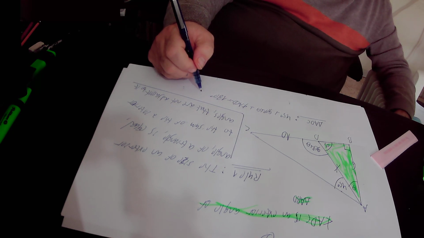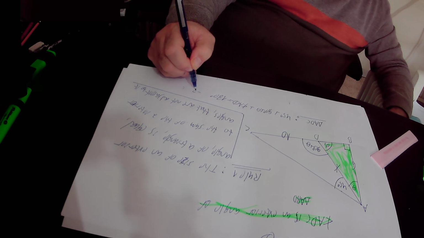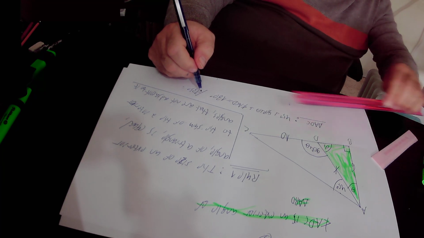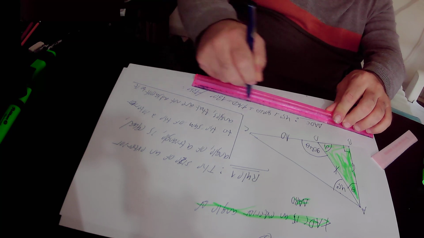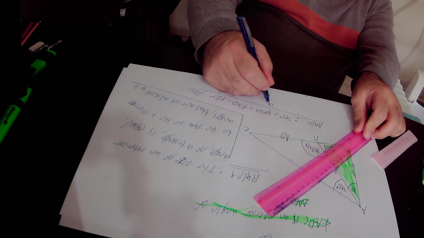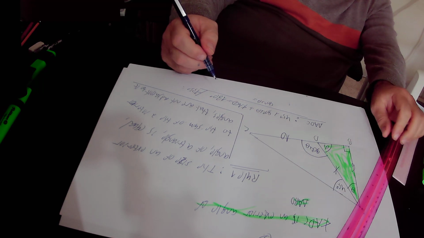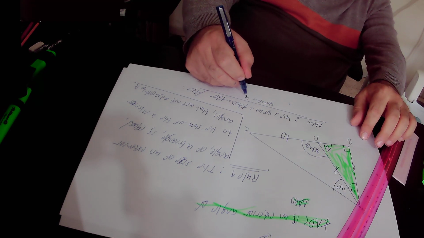Here we'll subtract 135 degrees from this equation, and we'll get that 90 degrees plus theta equals 180 degrees minus 135 degrees, it is 45 degrees.